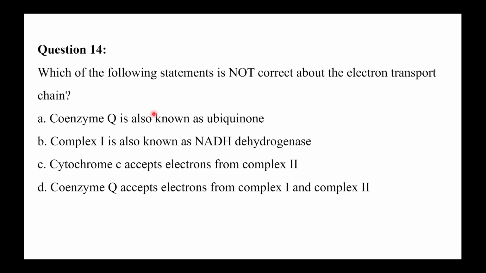Which of the following statements is not correct about the electron transport chain? You have to identify the incorrect statement. I've shown you the electron transport chain, so you should be able to answer this. Option A is coenzyme Q is also known as ubiquinone. Option B is complex 1 is also known as NADH dehydrogenase. Option C is cytochrome C accepts electrons from complex 2, and option D is coenzyme Q accepts electrons from complex 1 and 2.